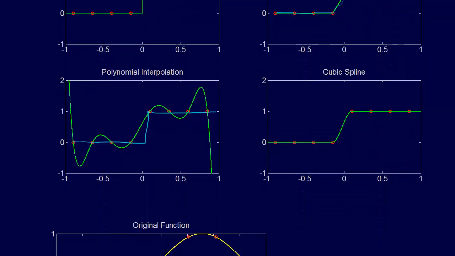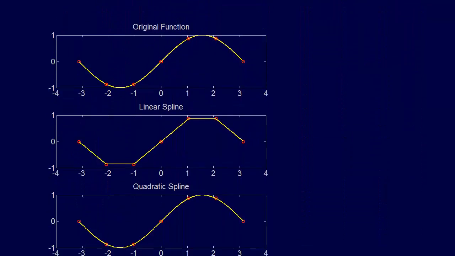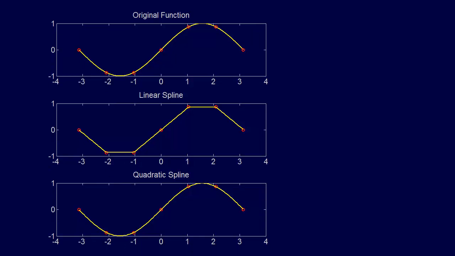Now, we're going to get into splines a little bit more, but I wanted to show off a little bit what they can do. First we have this original function, which I'm just using as an example function: the sine of x. You can see it's nice and smooth, just as you'd expect.